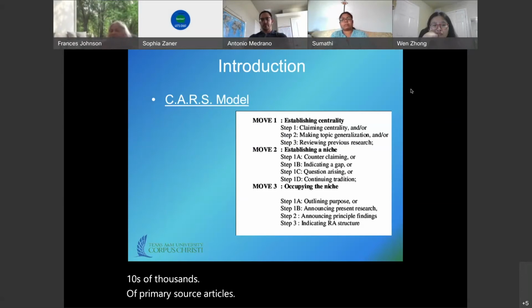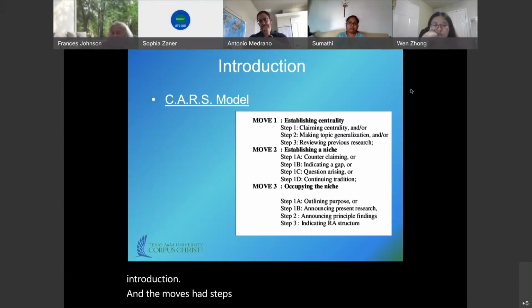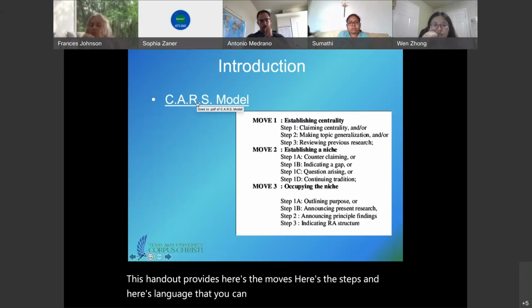And he saw almost all of them had these 3 moves in the introduction, and the moves had steps that everyone would use. This handout provides, here's the moves, here's the steps, and here's language that you can use if you want to use the step.